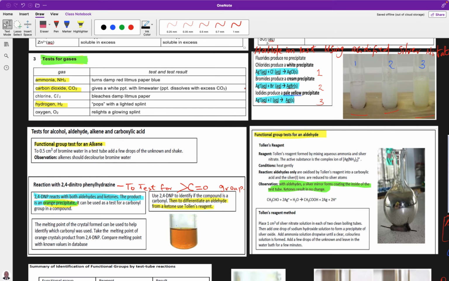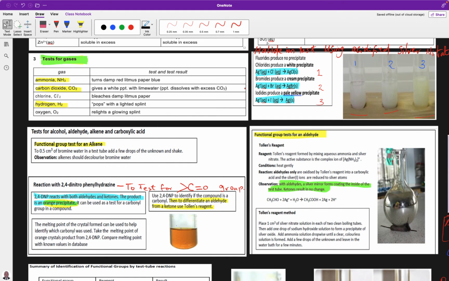The litmus paper will direct you on which one it is, alkaline or acidic. If it is alkaline, your idea should be towards ammonia. If it is acidic, it should be towards carbon dioxide. And if it is carbon dioxide, use lime water to finally confirm the test.